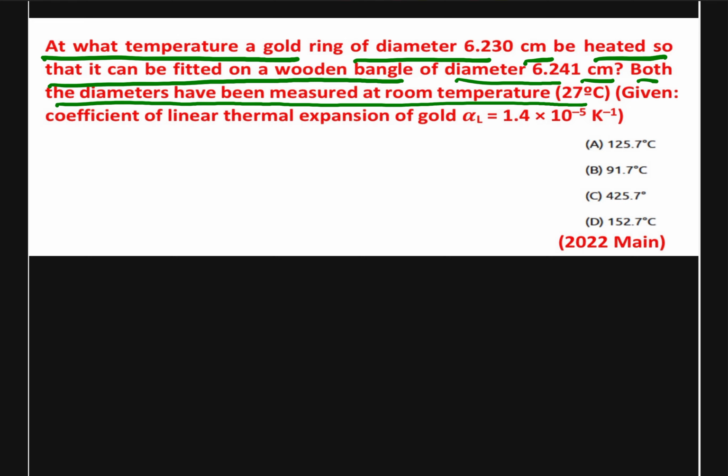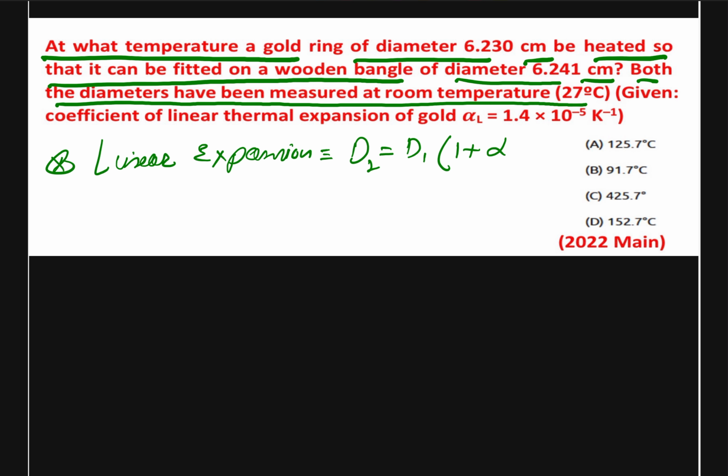Okay, so we can say that the linear expansion, and we can write this in terms of our diameter, that is our final diameter will be equal to our initial diameter times 1 plus alpha, the coefficient of linear expansion, times delta t.